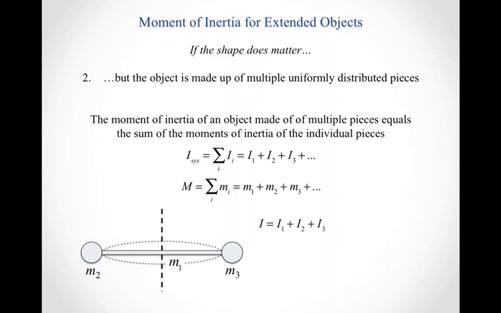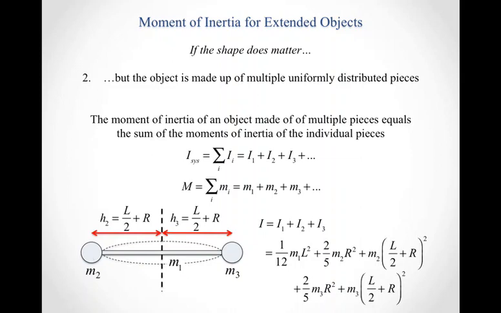We haven't changed anything about mass 1, the long thin rod. We're going to deal with it exactly the same way. We're going to go look up its moment of inertia. It is rotating about an axis through its center of mass, so I can use the equation that I'm given in the table. For mass 2, however, now it's a uniform sphere, but it's not rotating about an axis through the center.